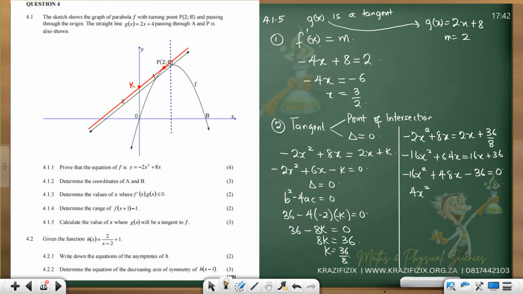4x squared. That is negative. I'm also changing the signs. Will that work for me though? Can we factorize this? 36 and I want 12. What are the factors of 36? 9 and 4 would give me what?